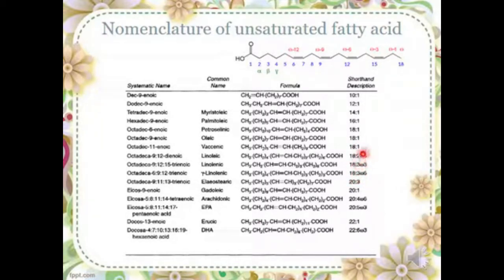So like here, the following double bond is at omega 9. Here the first is at omega 3, the second is omega 6, and the third one is omega 9. That is how you see the position of the double bond.